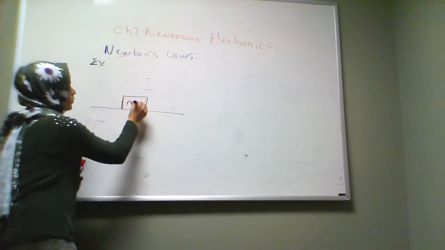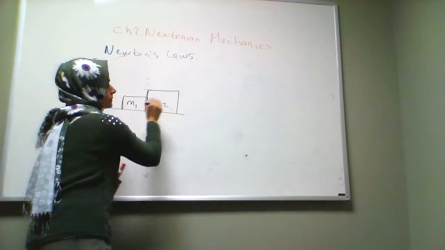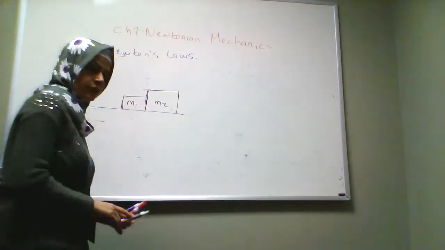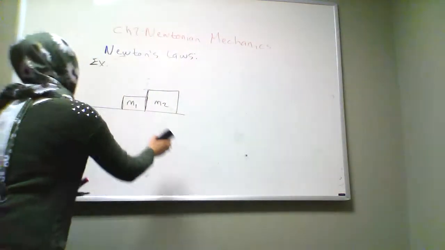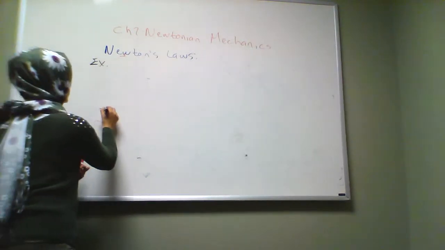We have here M1 and M2. Oh, which one is larger? Let me change here. M1 is larger. Okay, I'll redraw this. M1 is larger, so we make it consistent.